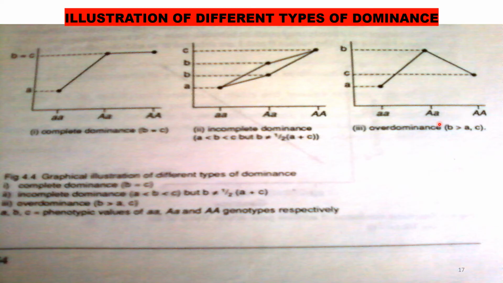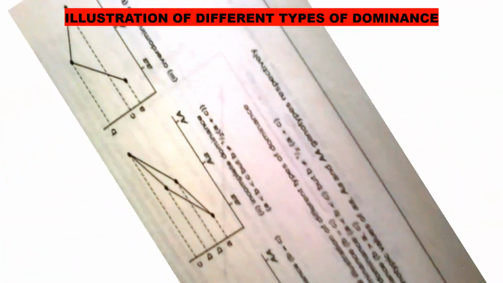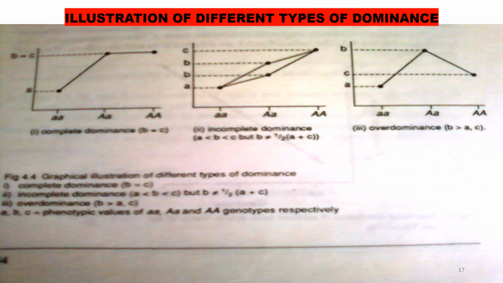And in the case of overdominance, we see that the phenotypic value of the heterozygote is much greater than that of the homozygote dominant and the homozygote recessive. So these are the four basic types of dominance.